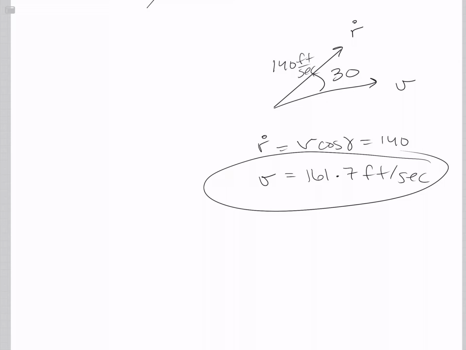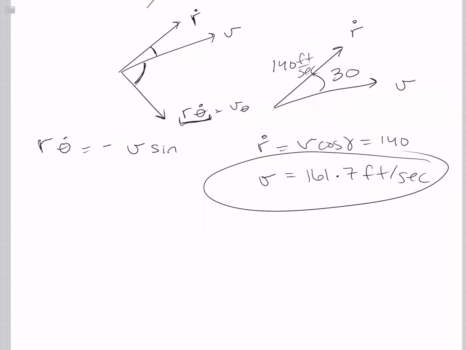Solving for theta dot, though, is a little bit more tricky because you have to recognize that when r dot is in this direction, its perpendicular component is r theta dot. This is also sometimes called v theta, but I like putting in what it actually is because it helps me remember more clearly. But once you recognize that, you only have to solve for the component once again, which in our case here is r theta dot equals negative the velocity sine gamma.